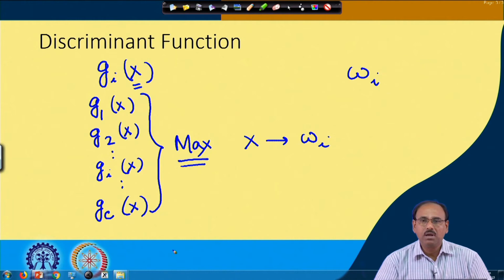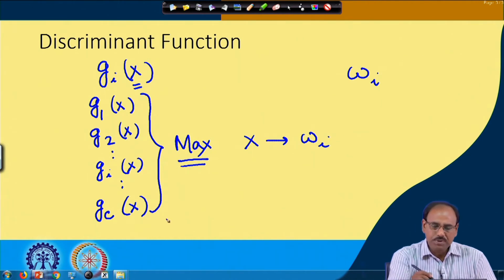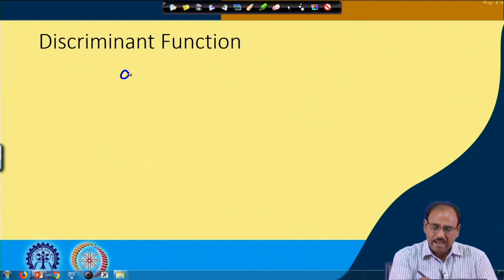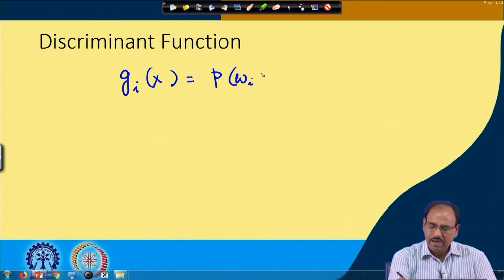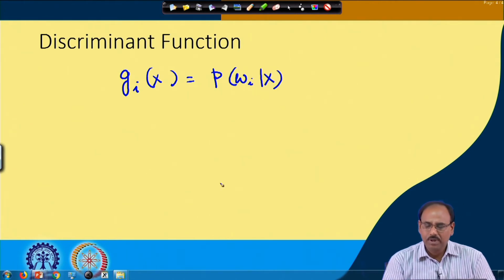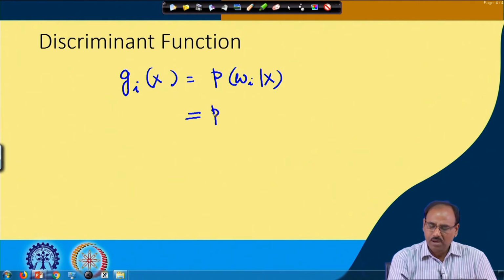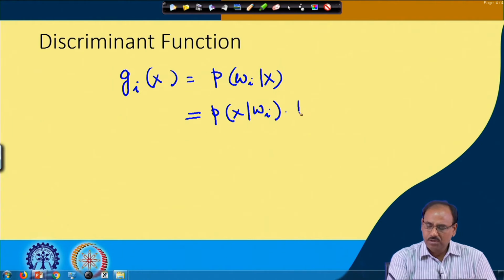So, this is the function g i x that I want to design for every class omega i. What are the possible options for g i x? One option is g i x equal to P of omega i given x, which is nothing but P of x given omega i into the a priori probability P of omega i.